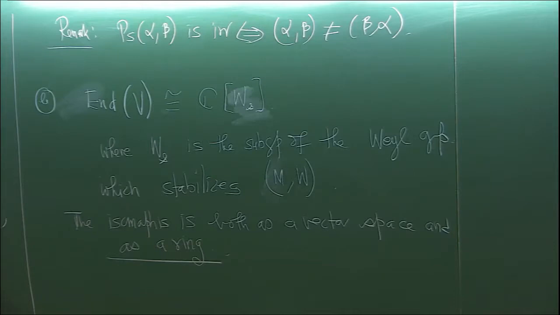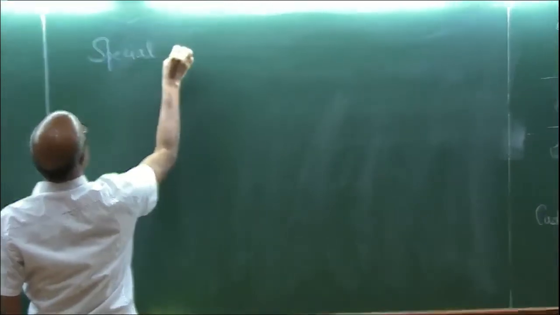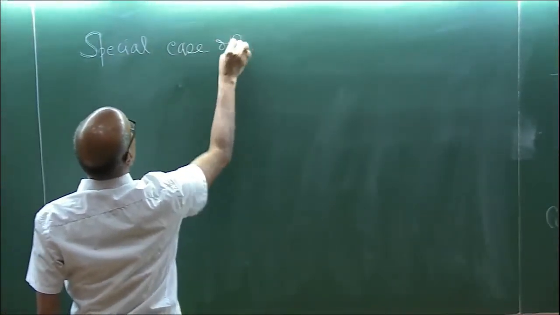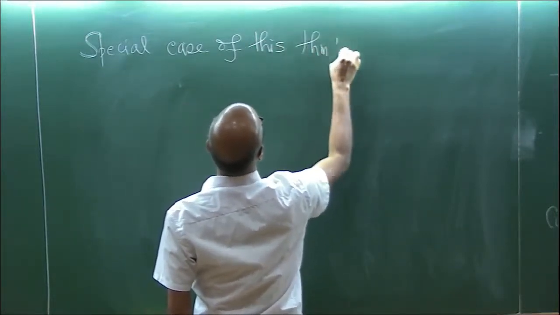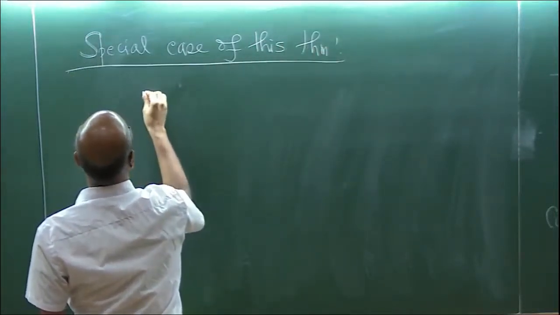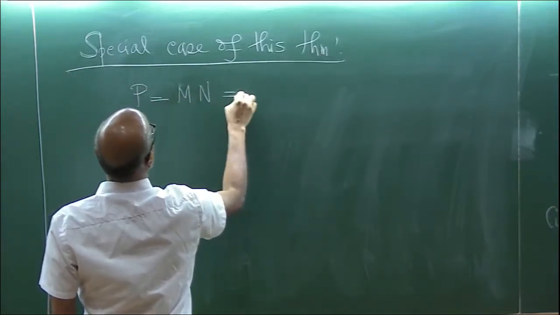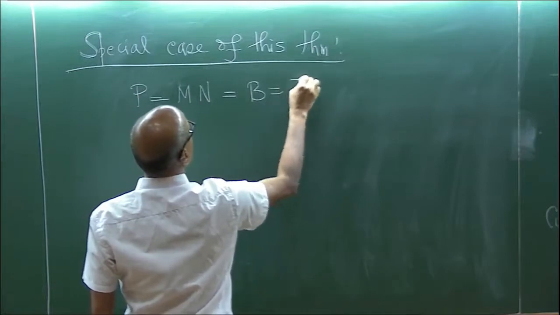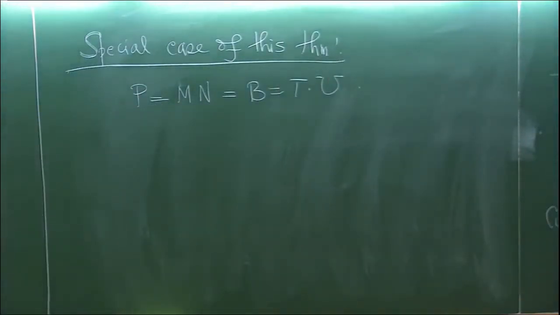So, a special case of the theorem is when E equals M times N is equal to B is equal to T times U. So instead of looking at a general parabolic, one looks at the Borel subgroup.